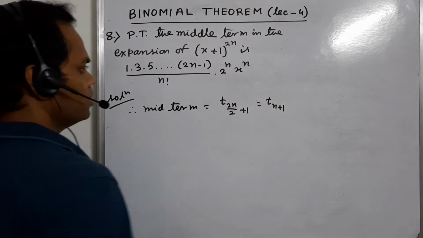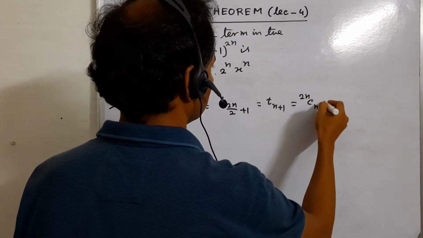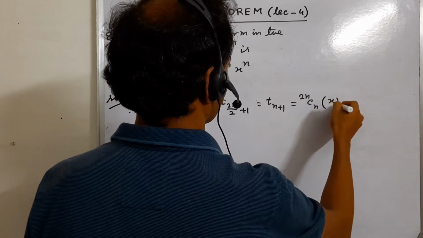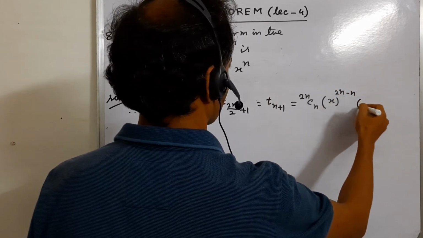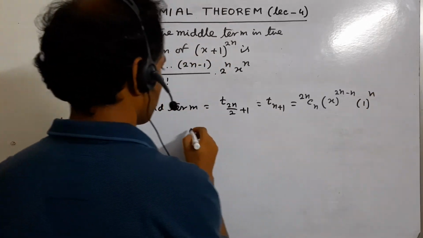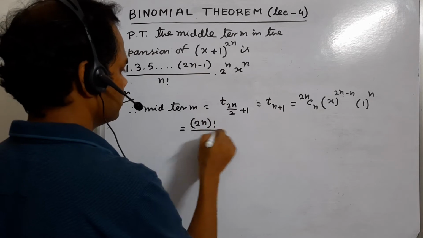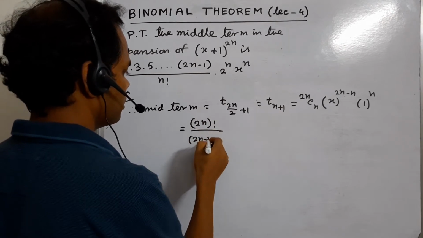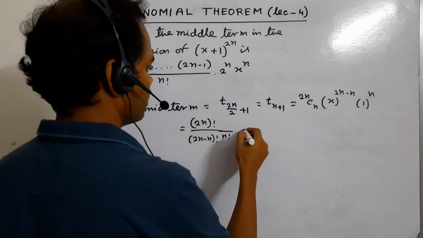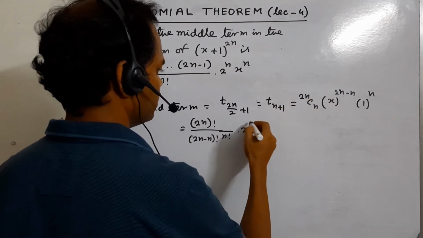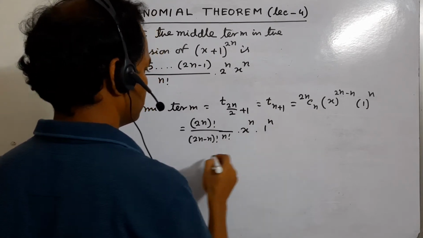So T of n plus 1 is 2nCn x to the power 2n minus n into 1 to the power n. 2nCn is 2n factorial by (2n minus n) factorial into n factorial, into x to the power 2n minus n, which is n, and 1 to the power n.